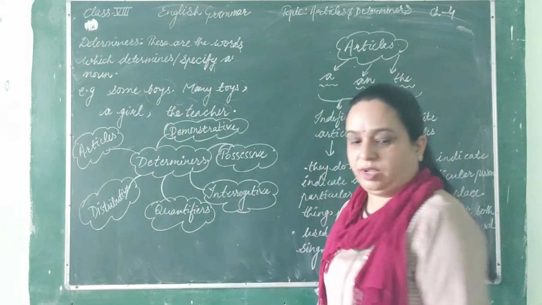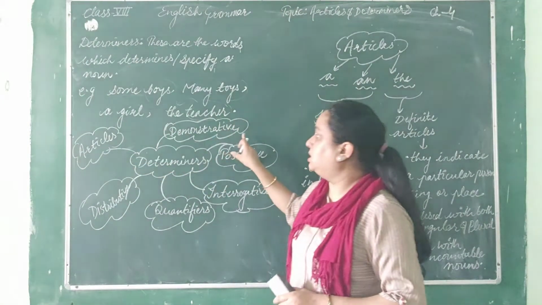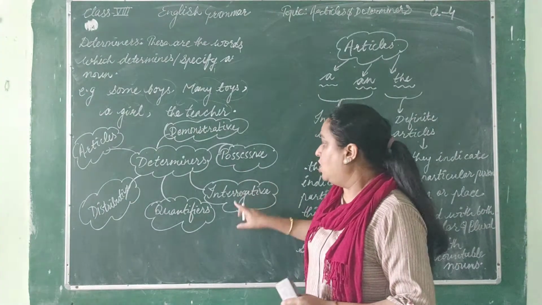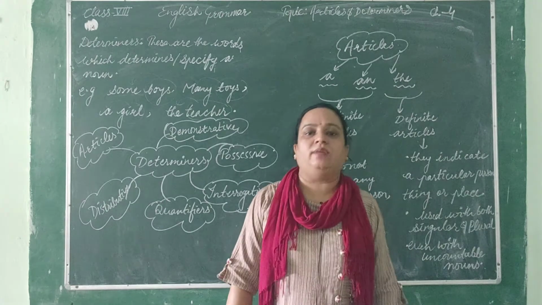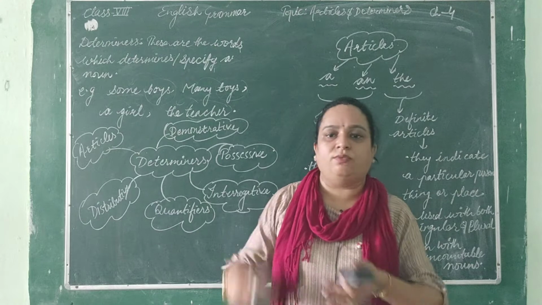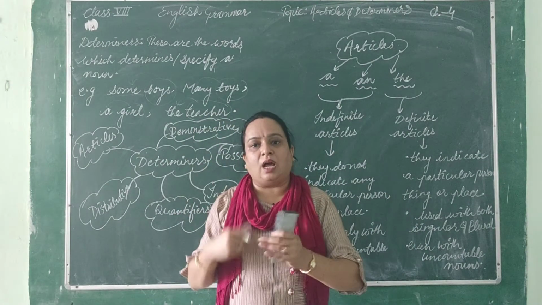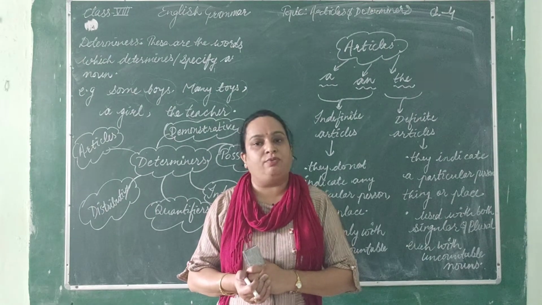Next thing, first we have told article determiner, second is demonstrative, third one is possessive determiners, fourth one is interrogative determiners. What are these interrogative determiners? When we see this word interrogative, a question comes in front of our eyes. So what are the words which are helpful to make questions?